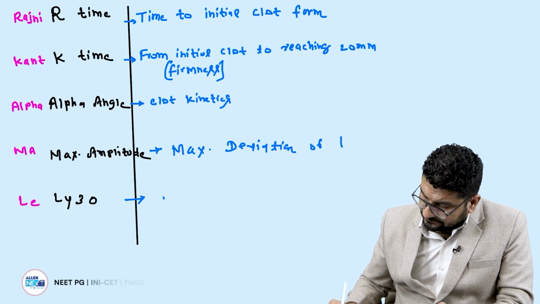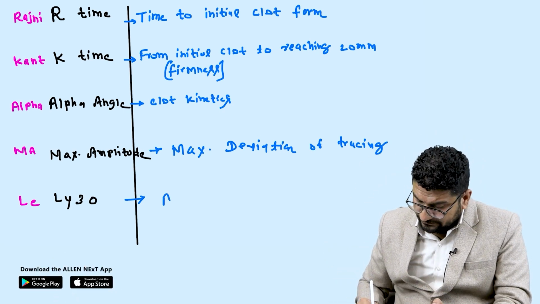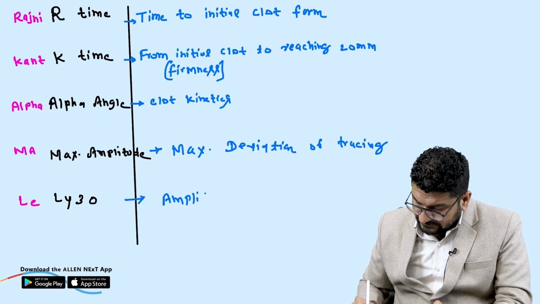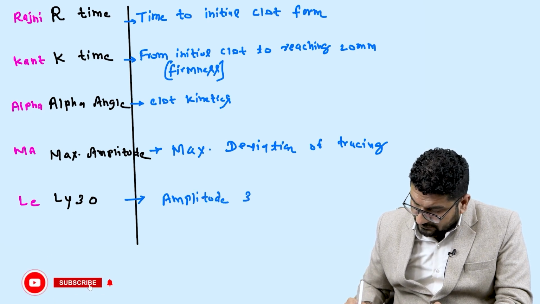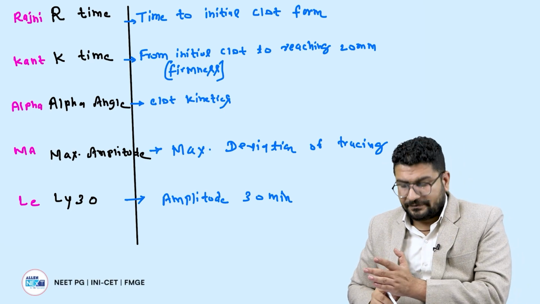Whatever you are seeing in the graph, that maximum level of tracing is the maximum amplitude, and LY30 is the amplitude 30 minutes after maximum amplitude.